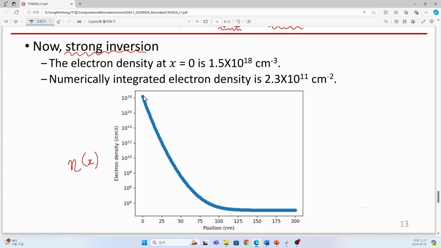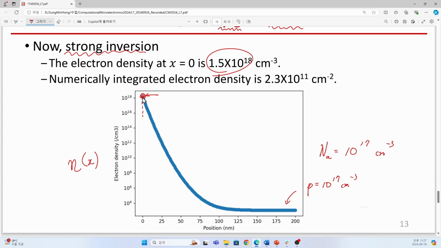Okay. So as you can see here, the electron density at the surface point is quite high, 1.5 times 10 to the 18 per cubic centimeter. Although Na is just 10 to the 17 per cubic centimeter, it means that at this deep substrate we have a hole density corresponding to 10 to the 17 per cubic centimeter.